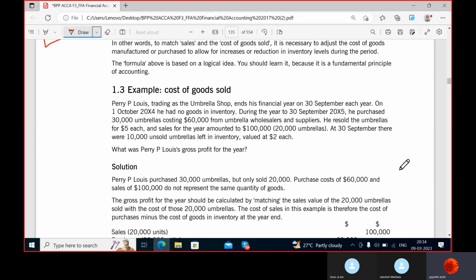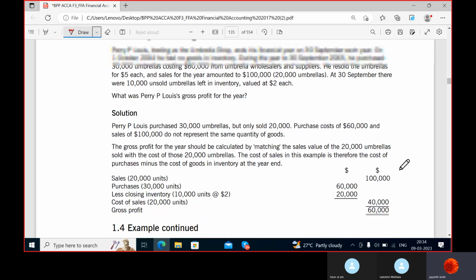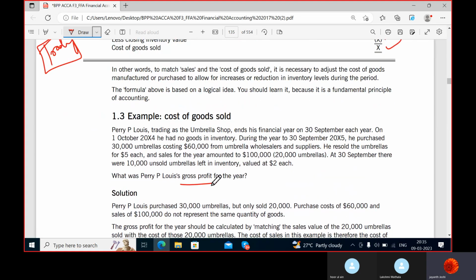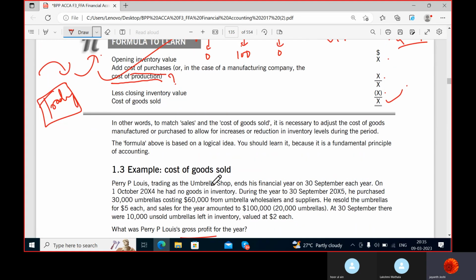There is a question here. I would like you to find out the COGS for this question first. No, they're asking gross profit. So I want you to find out the gross profit for this question. Do this, I'm waiting, fast.